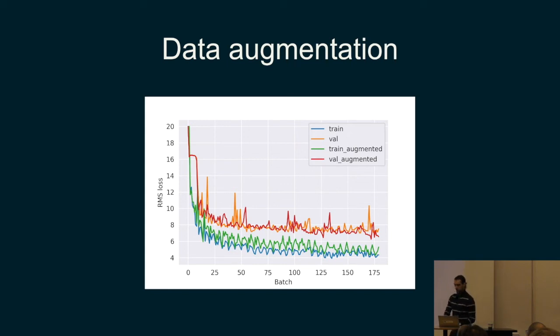Apart from the peaks, there is one interesting thing: if you look at the validation curves here, both the orange and the red, in the beginning they seem to reach a kind of plateau, and we can see exactly why this is.